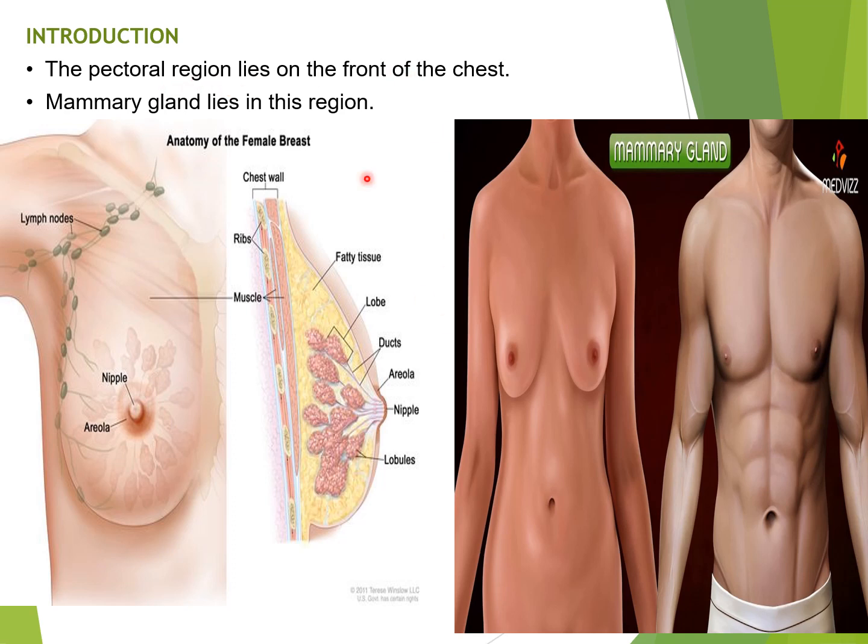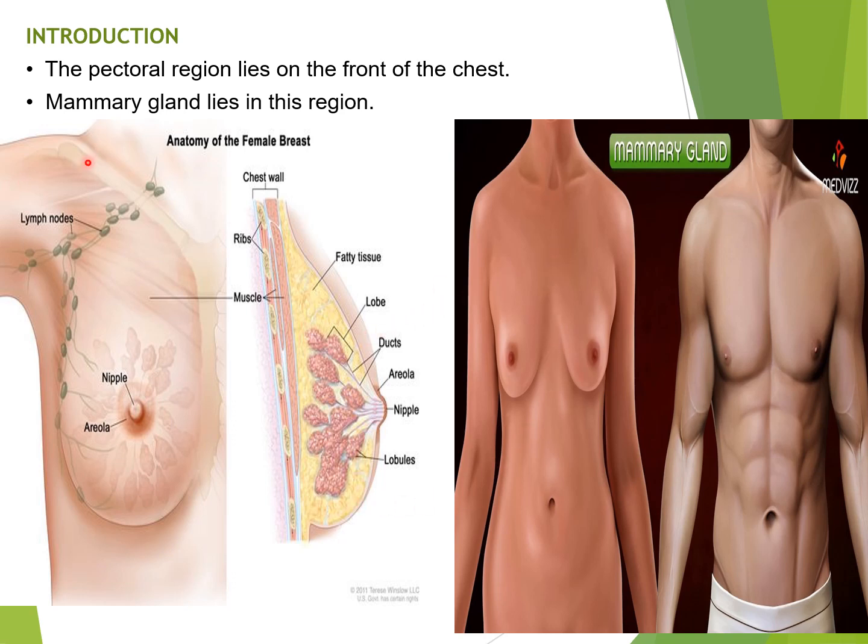The pectoral region is a region of the front of the chest. This is in males, this is in females, and this is in males. So the mammary gland or the breast lies in the pectoral region.